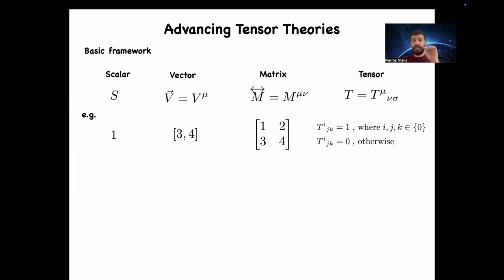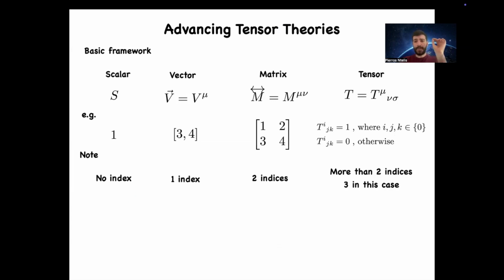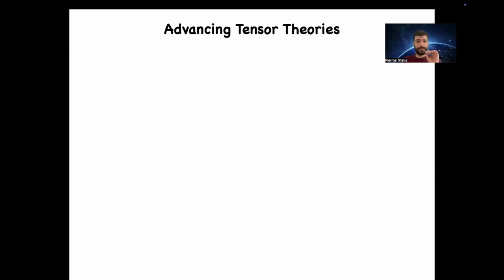Indices 0, 0, 0 will give you an element of 1, while if the indices are other than 0, then you have the element 0. Now note that the scalar quantity has no index. The vector has one index, the matrices have two indices, and the tensors have more than two indices. And the important part is that there is an up and down index.